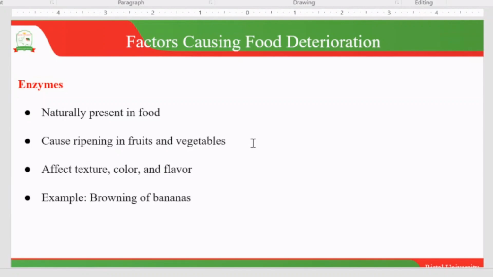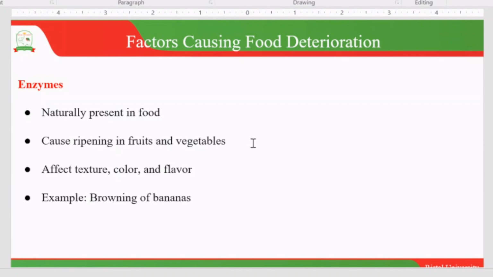These enzymes are the ones responsible for the ripening in fruits and also the yellowing of vegetables. Their biochemical reactions affect the texture, the color, and also the flavor of food. These enzymes could originate internally, produced naturally within the food, but also from external sources, which could happen during storage.